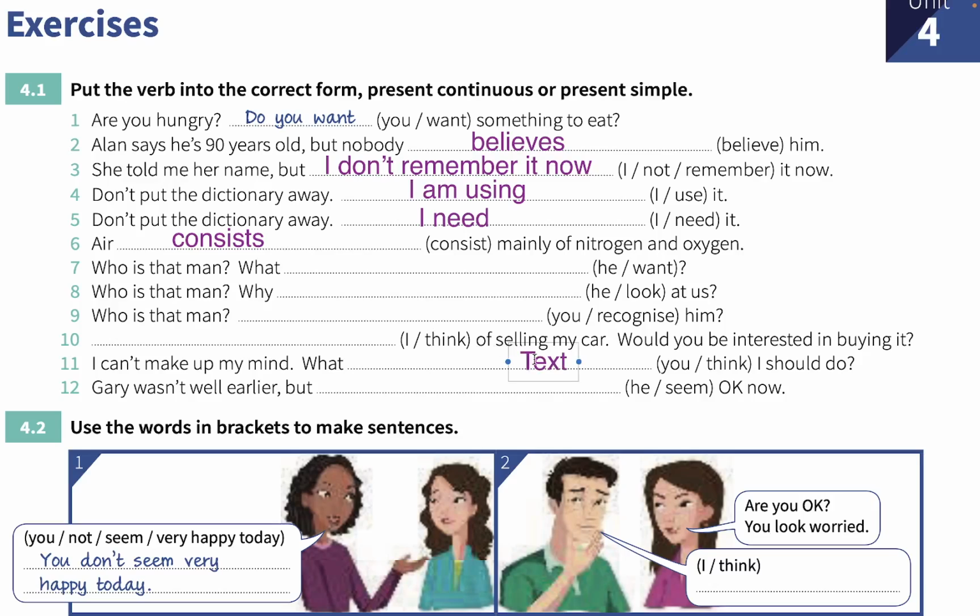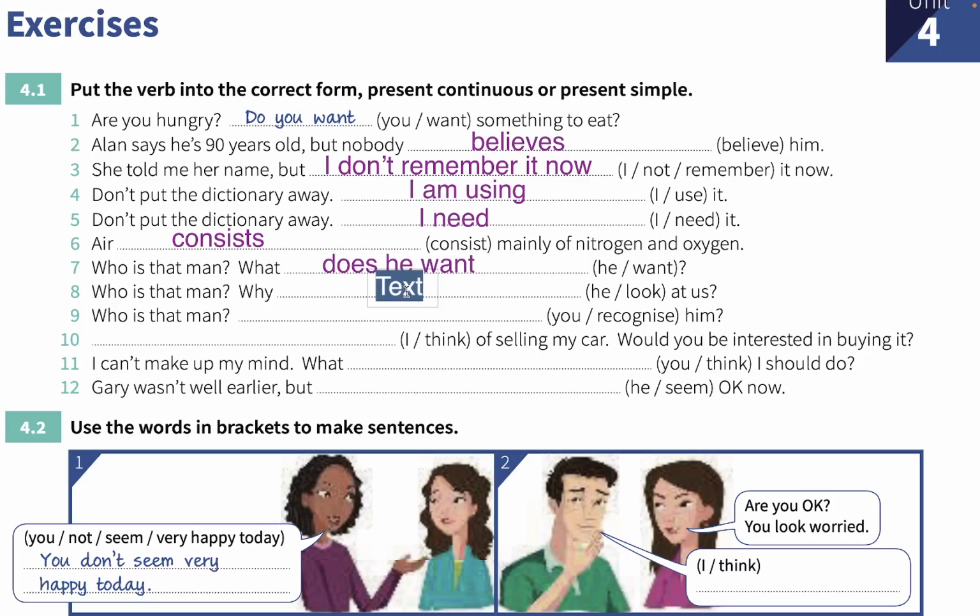Number 7. Who is that man? What does he want? Yes. What does he want? It's what does he want, not wants, because here we already have does.